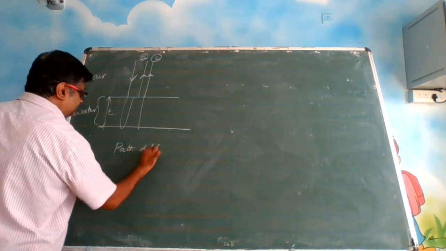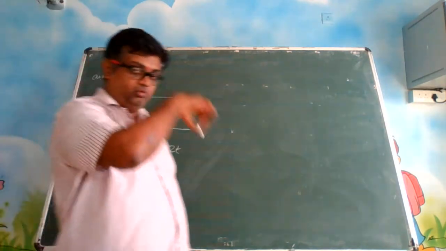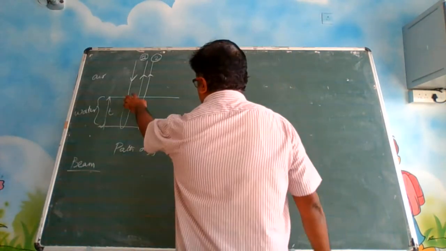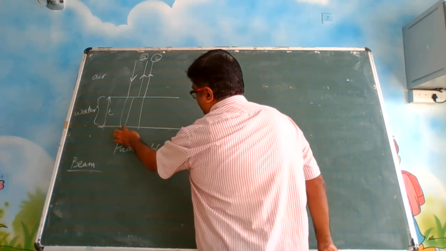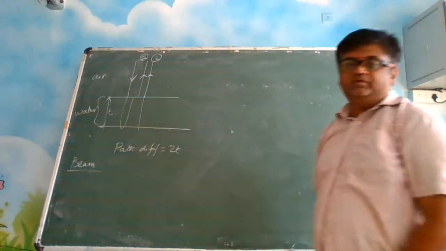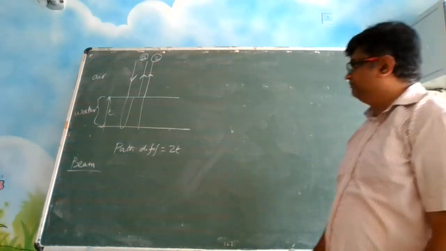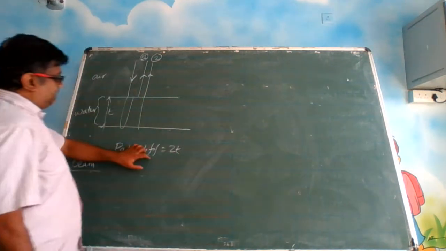Path difference is 2t. Why? Because this ray, a few rays, went up to here and then went back. And from here it went into the air medium because it got reflected back. So we are studying that path difference.